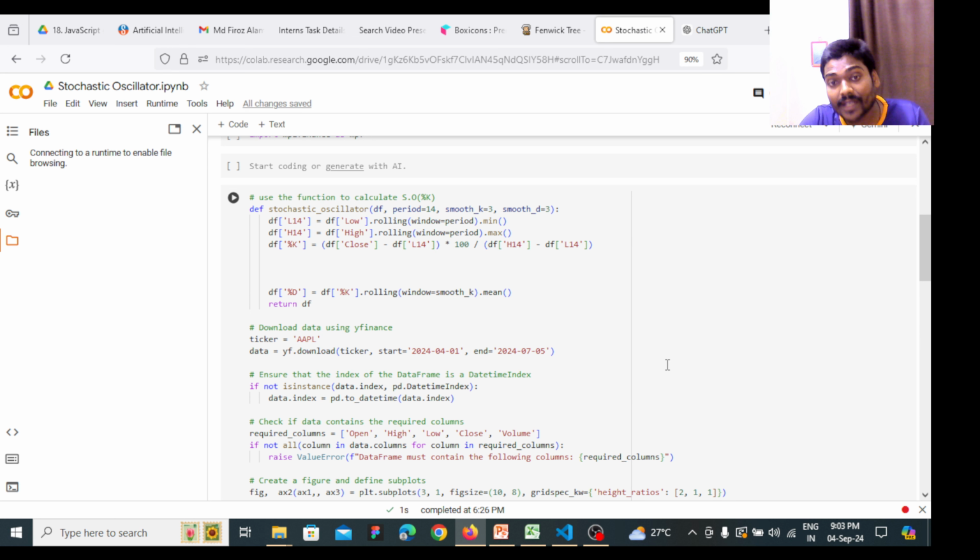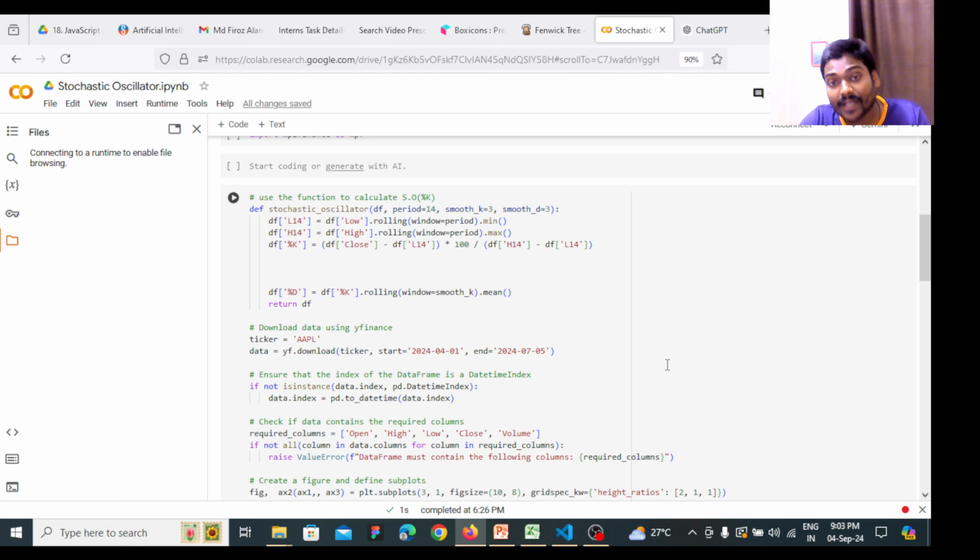We use ax1, ax2, ax3 for plotting the candlestick, volume, and stochastic oscillator charts. The dimensions are also defined.